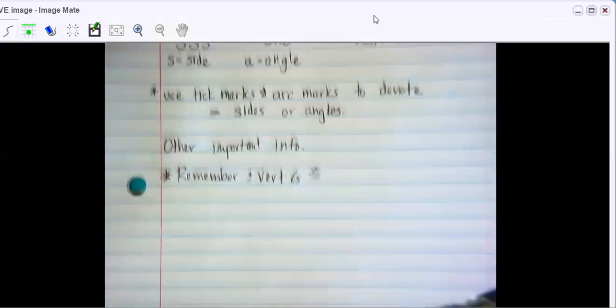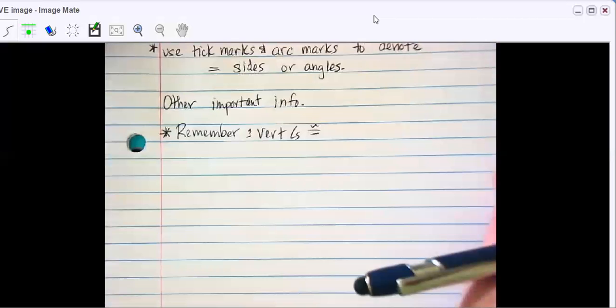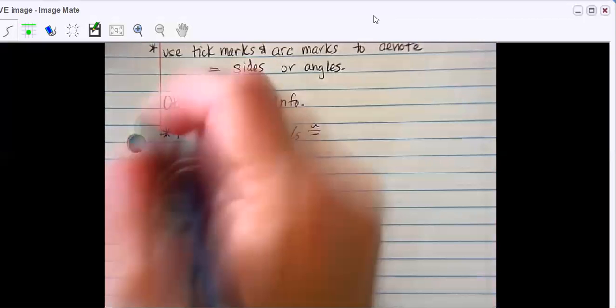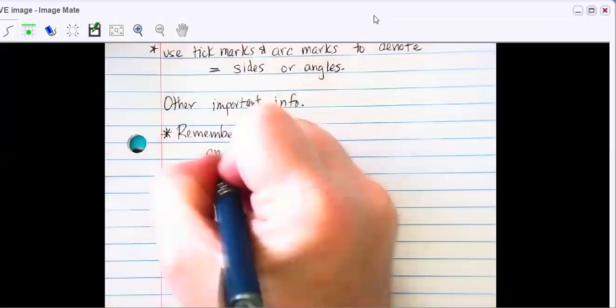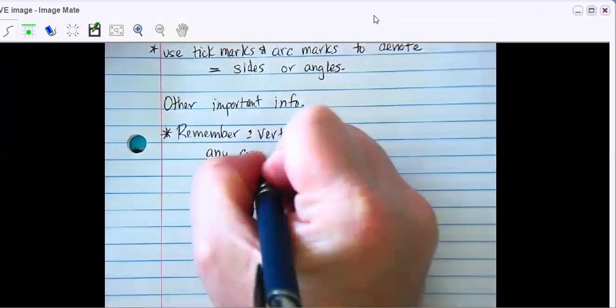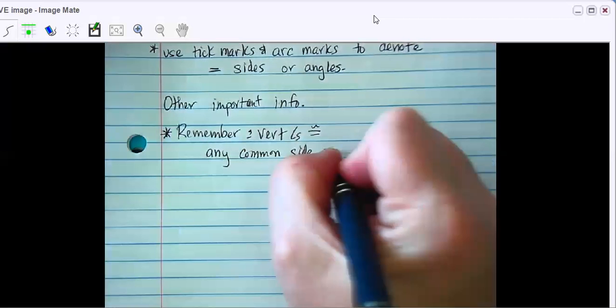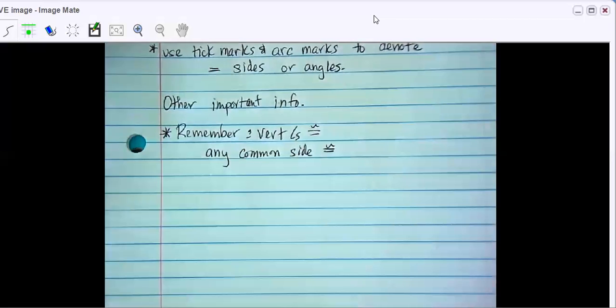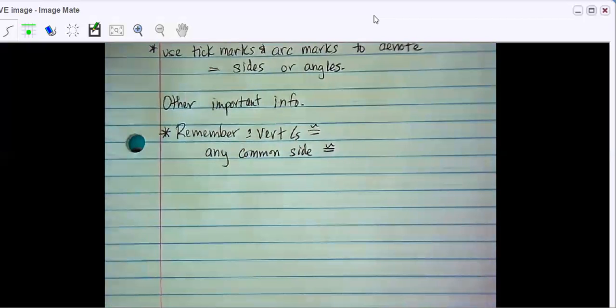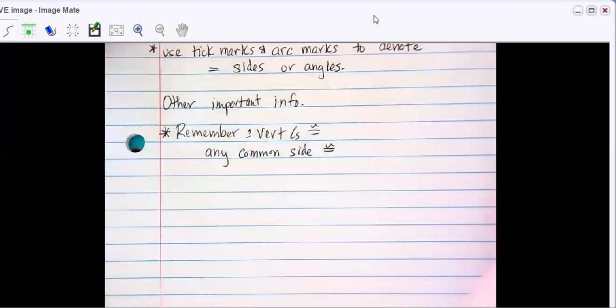That's a theorem that we had. And that any common side, or a side they have in common, will also be congruent. And we'll look at examples for both of those.